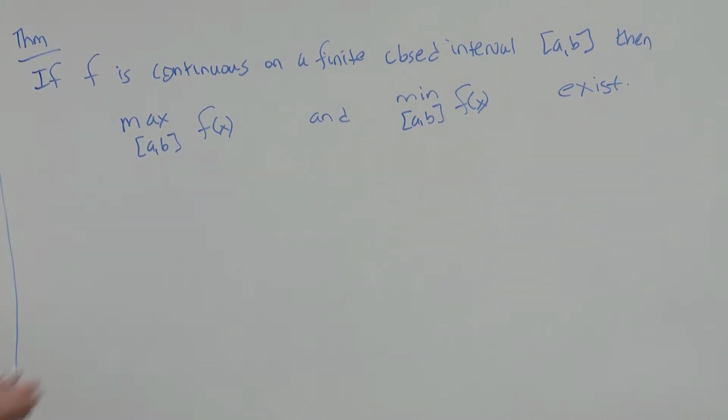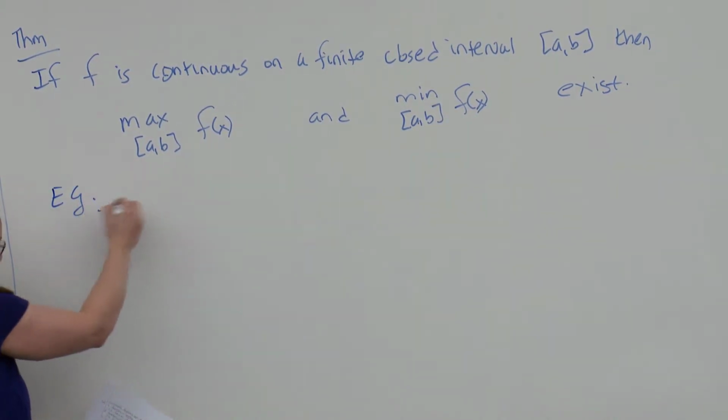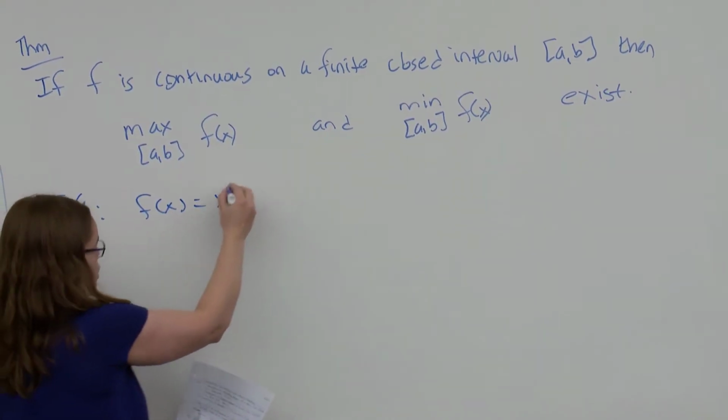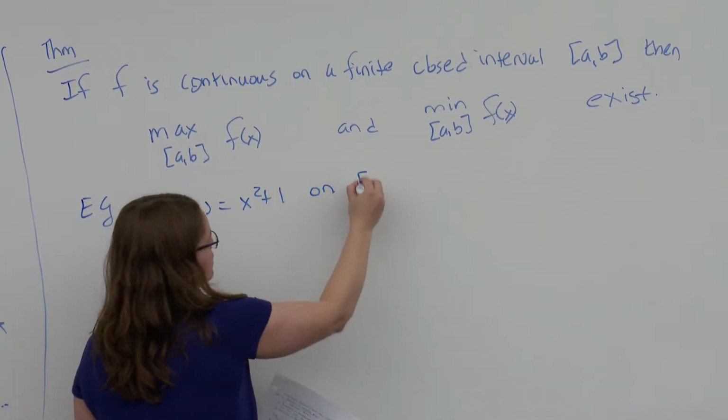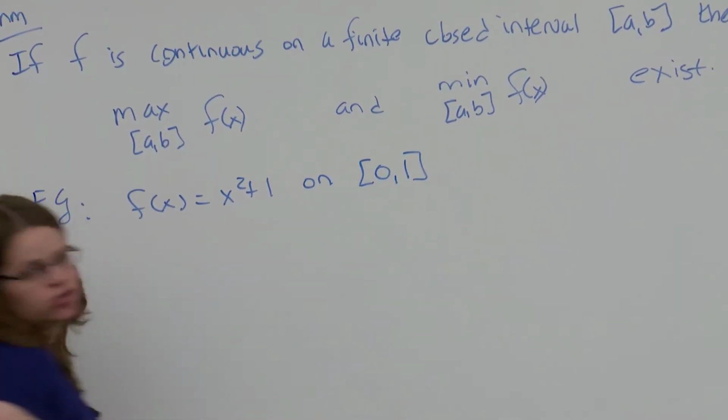Okay, so again, I'm going to do some of these similar examples. F equals x squared plus 1 on the closed interval, 0 to 1.